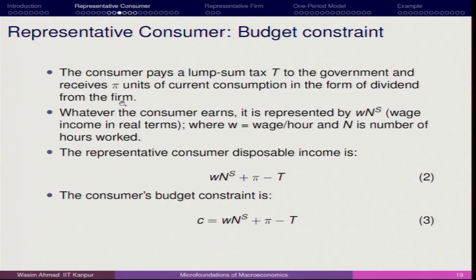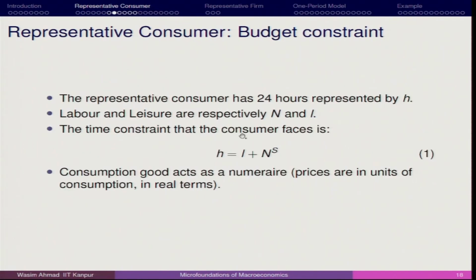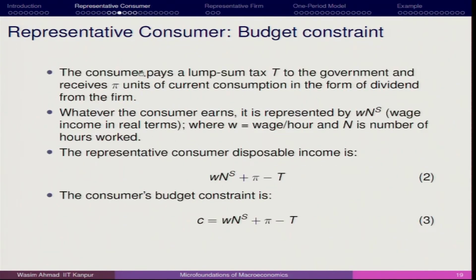Now, on top of this, when this particular guy supplies NS, it means that he or she will be getting some amount of income, which will be added to this representative consumer's income. The consumer pays a lump sum tax T to the government and receives pi units of current consumption in the form of dividend from the firm.